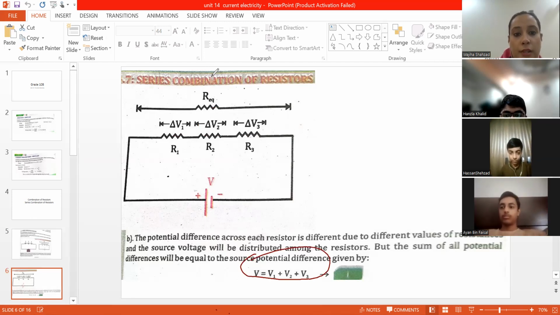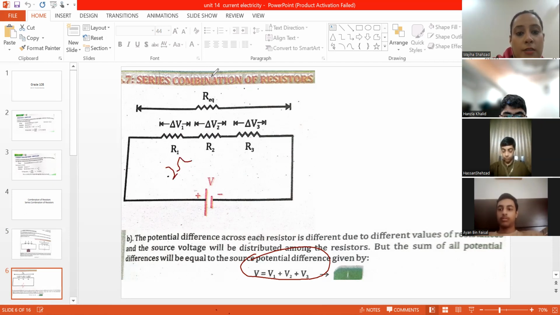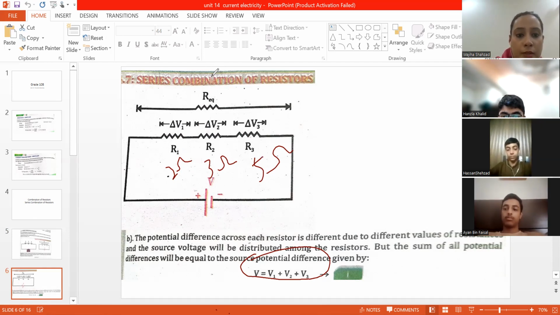R1 has a different value than R2, and similarly R3 has a different value than R1 and R2. We have connected three resistors in series with different values. Maybe R1 is 2 ohm, R2 is 3 ohm, and R3, let's suppose, is 5 ohm. So when we take the voltage across all three resistors, their values would also be different.